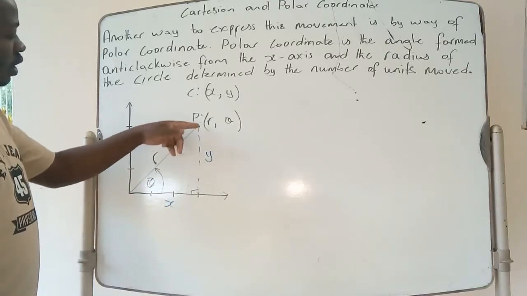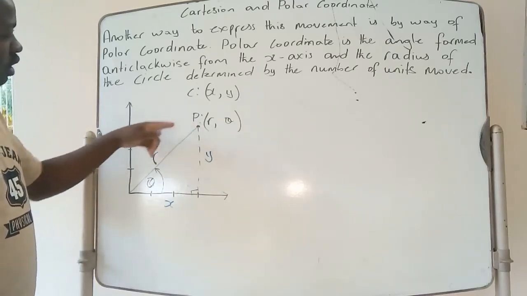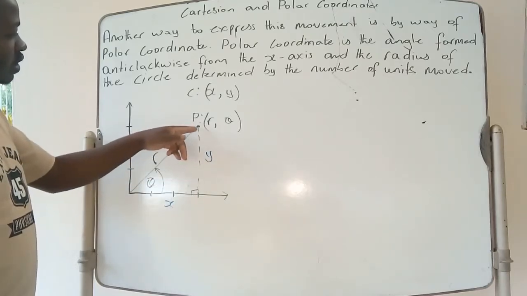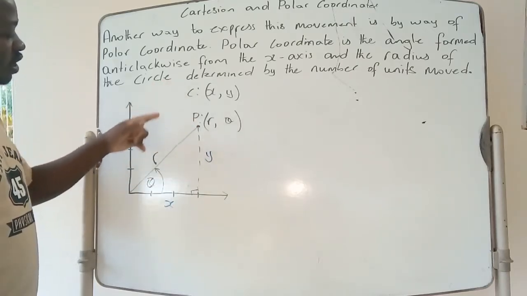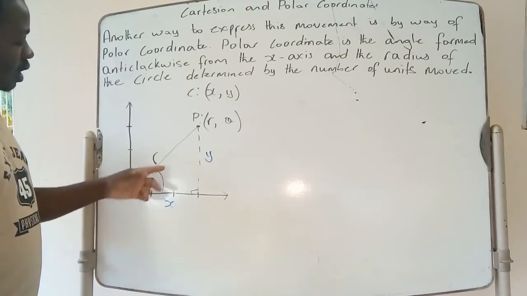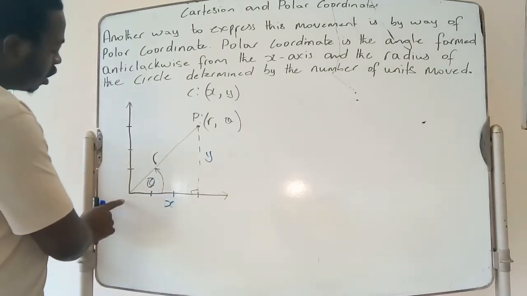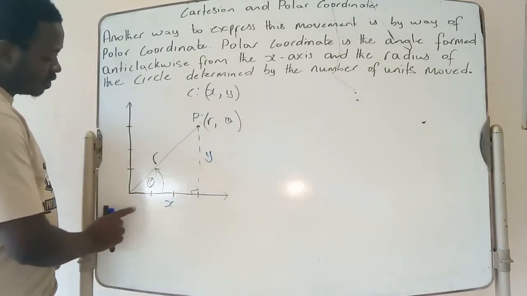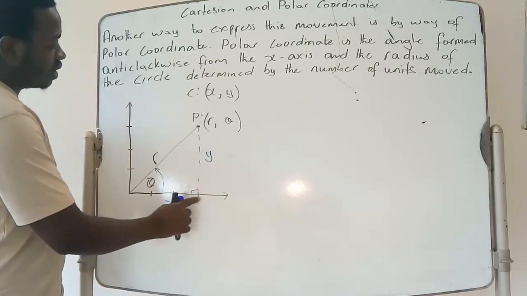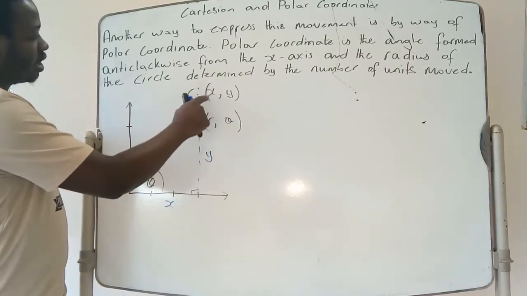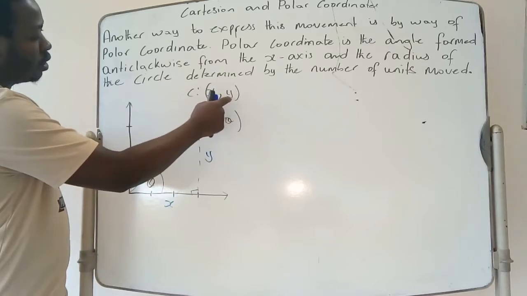And let's say I want to determine the coordinates of this point in Cartesian coordinates. Then it is the horizontal x movement, the movement along the x, and then the movement along the y. And you get that to be (x, y).